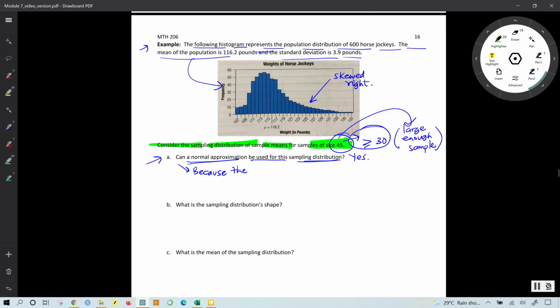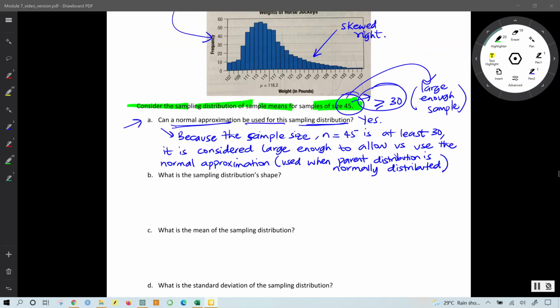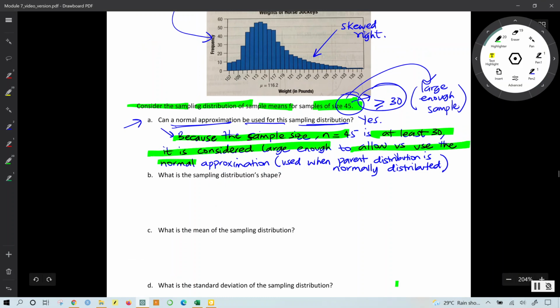So let's write that down first. To emphasize what we just said, because the sample size n equals 45 is at least 30, it is considered large enough to allow us to use the normal approximation, which is what we used in previous videos when the parent population is normally distributed.